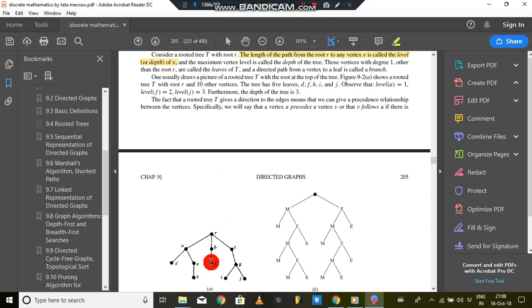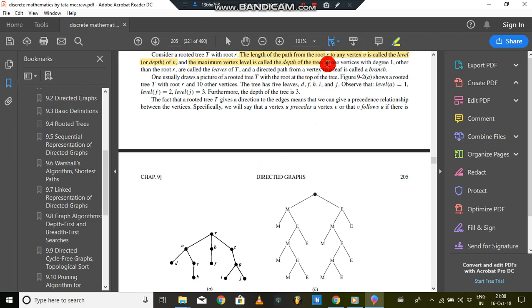So this is called the length, level and depth of a tree. The maximum vertex level is called the depth. Sorry, my mistake, as I already told you, maximum. Here you count 1, 2, 3 and 4, so 4 is the maximum.